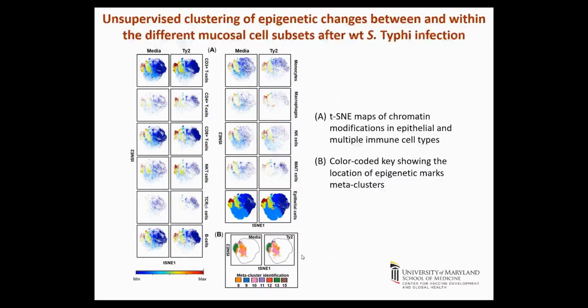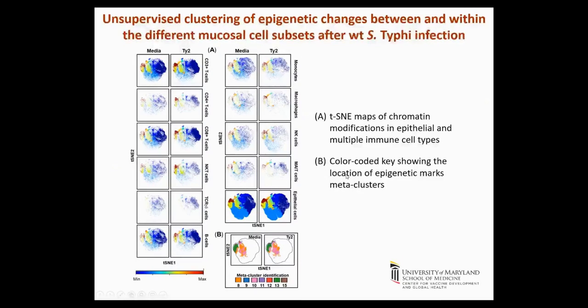And here I am showing the supervised clustering of epigenetic changes between and within the different mucosal cell subsets after Typhi infection. And you can see how media and Ty2 have different tSNE maps, and that each cell subset, in this case CD3, in this case CD4, in this case CD8, in this case epithelial cells, have very different tSNE maps.